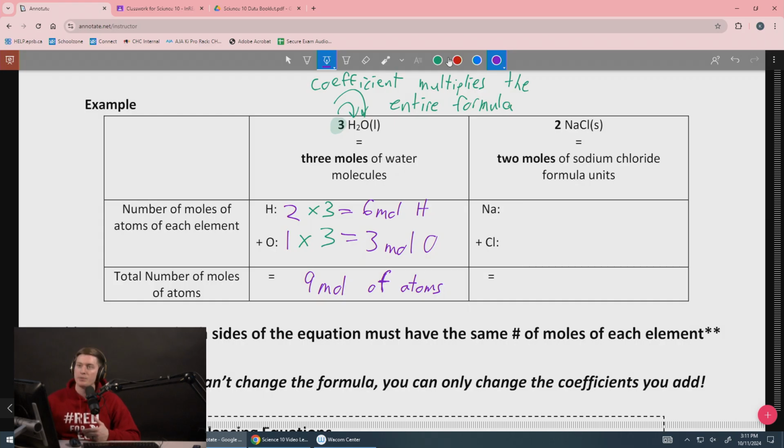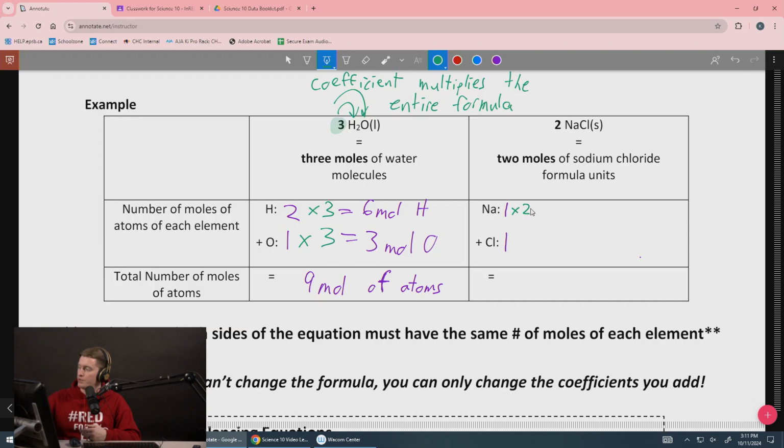Over on the next side, we have 2 moles of sodium chloride formula units. Ionic compounds don't really form molecules, so that's why it says formula units instead of molecules. We have 1 sodium in each sodium chloride, and 1 chloride in each sodium chloride.